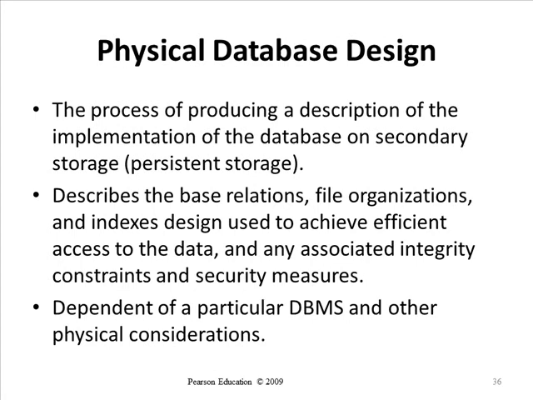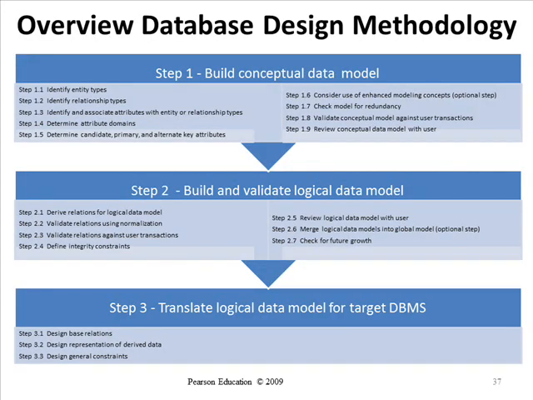And of course, in this physical design, we have already determined what kind of database system we want to use, Oracle, for example. So the physical design is already geared toward the Oracle implementation, or another database. So this is the overview of database design from the conceptual, logical, and physical.